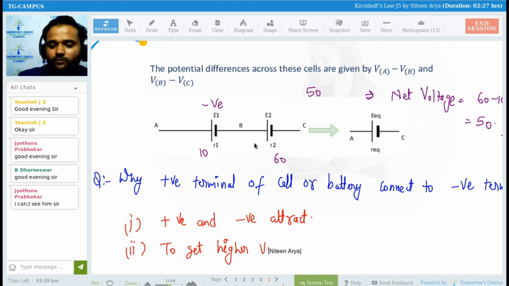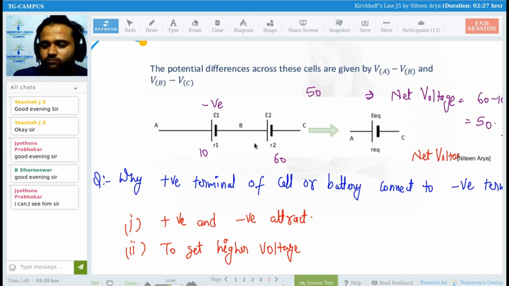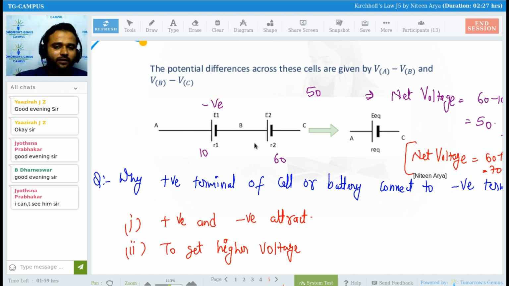Suppose in this way they are connected, then the net voltage, instead of 50, is going to be 60 plus 10, which is 70. So that is why we are doing it.